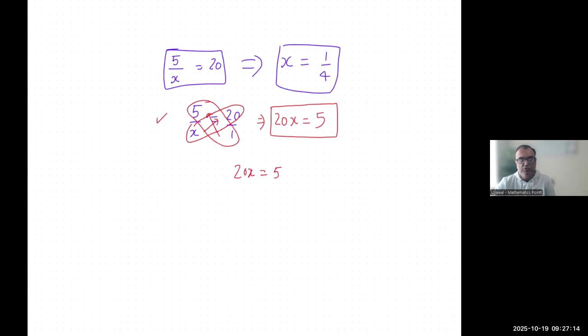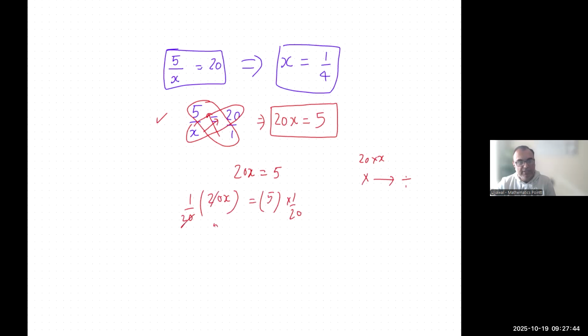Now what is x now? You've got 20 being multiplied by x. So what is the reverse operation of multiply? That's division. So I'll say 20x and I'll say brackets being divided, I'll say 1 over 20. So 20 is gone.